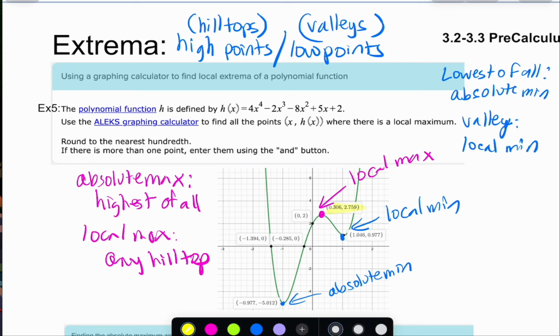That is the answer they would want. To the nearest hundredth, they only would want 2 decimal places. So 0.31 and 2.76 would be fine. So if you are not given the graph, you may have to use something like Desmos.